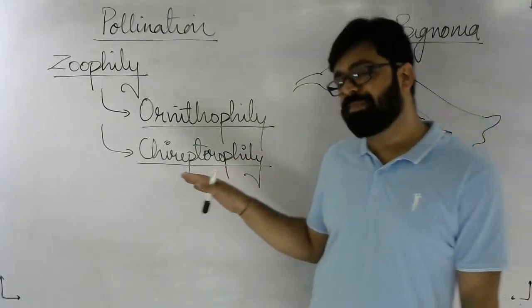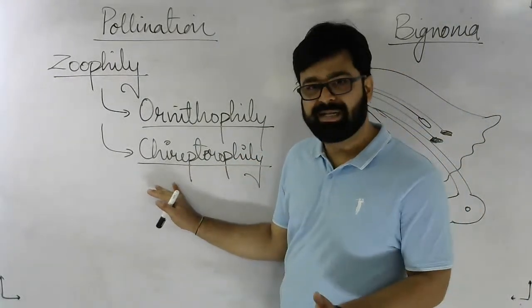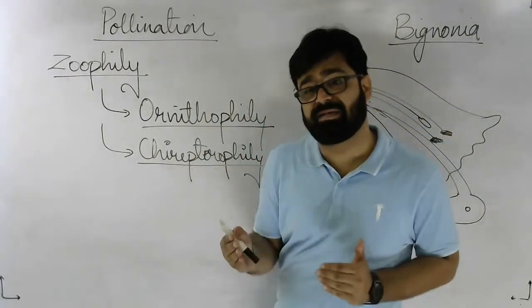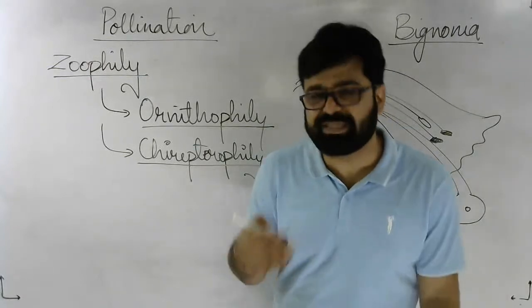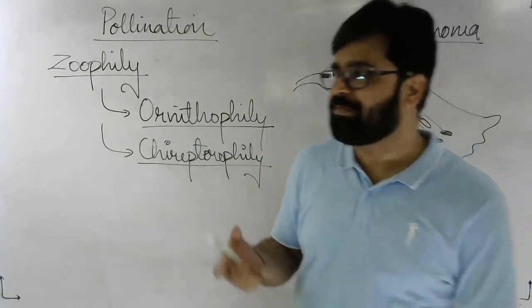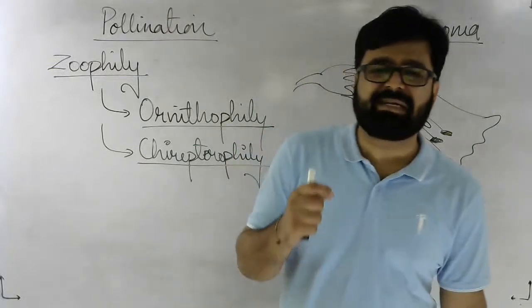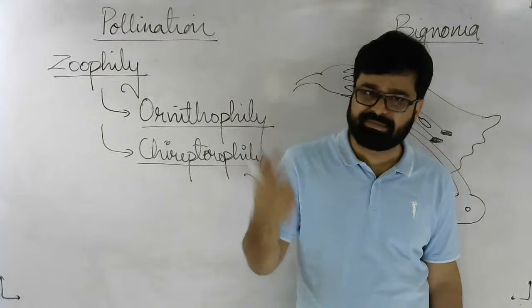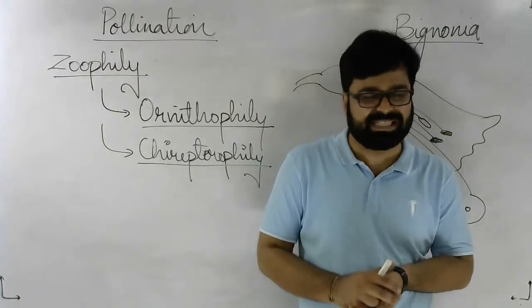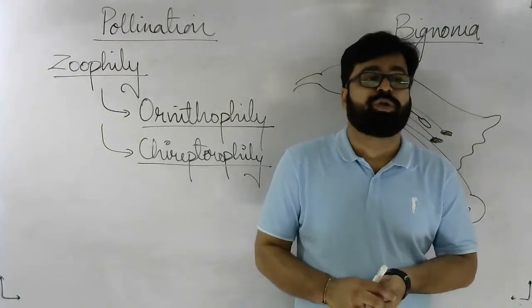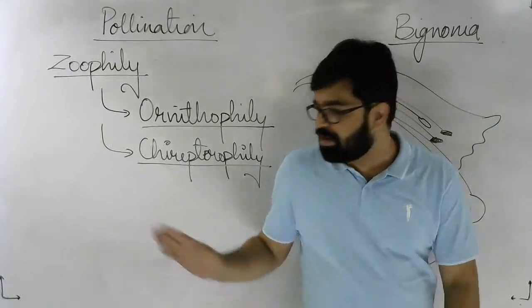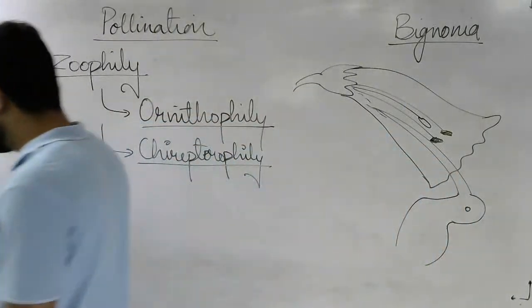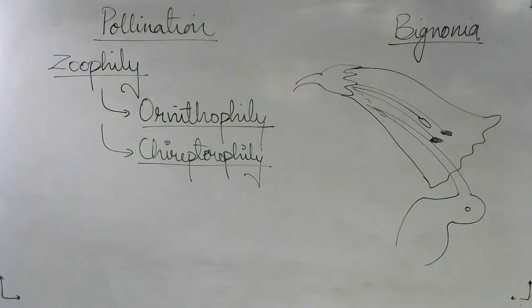Both will attract the bats. Unpleasant will resemble fermentation, and there are different pleasant scents. So these are some characteristic features of plants which are pollinated with the help of bats. Okay?